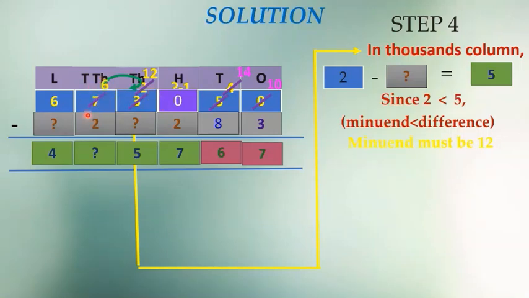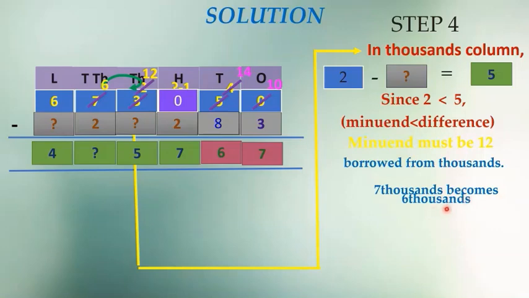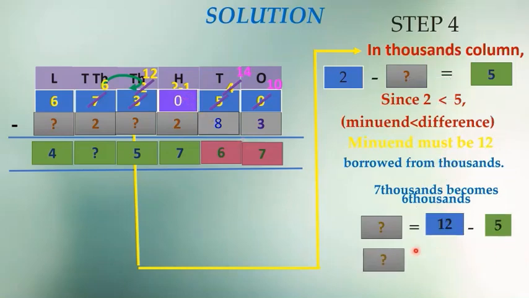Yes. So here 7 becomes 6. And here 2 already we borrowed from 3, means 2 it becomes. 2 becomes now 12. So 7,000's becomes 6,000 and 2 becomes 12. So question mark is equal to 12 minus 5. Yes. 12 minus 5 is 7. Yes. So here this question mark is occupied with 7. The blank is filled up with 7.